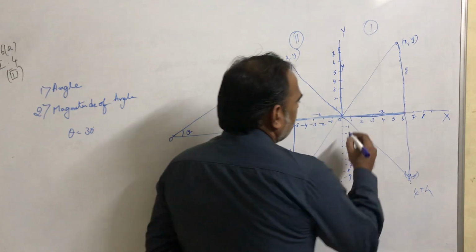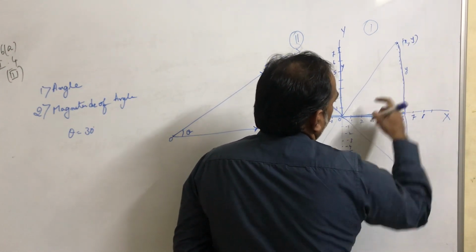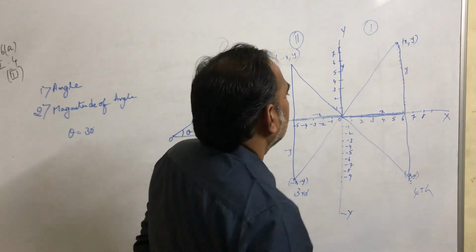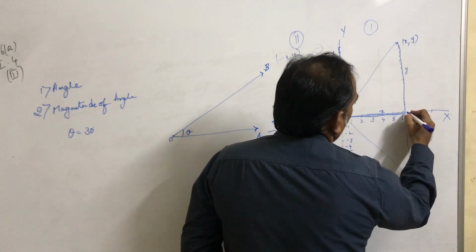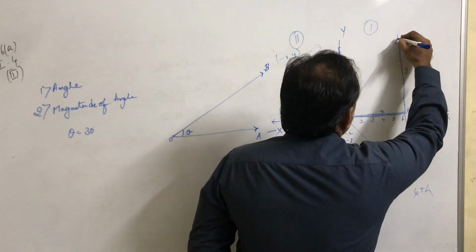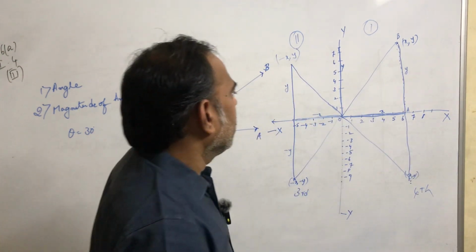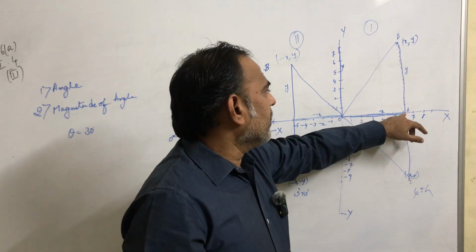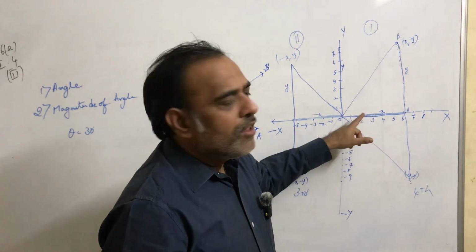Let us say this is x and this is y. As per the Pythagoras theorem, what is the length? Let us say this is O, this is A, and then this is B. Now what is the length of OB?